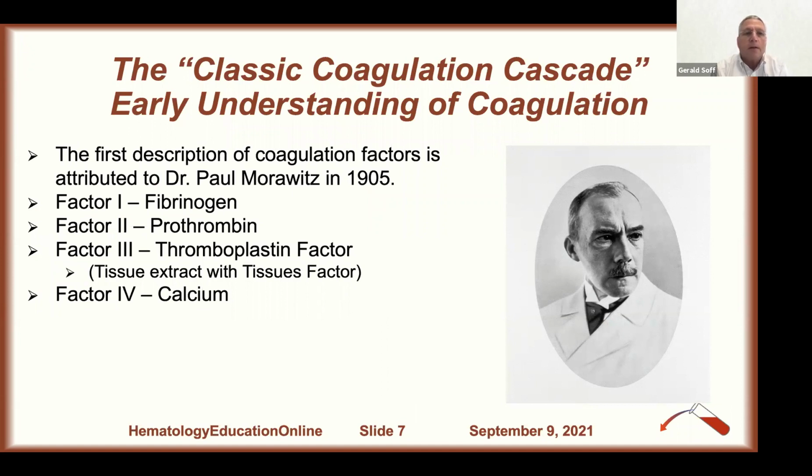Prothrombin, in his concept, was an enzyme in the blood that converted fibrinogen to a clot. Now we know about thrombin derived from prothrombin. Thromboplastin, factor 3, which we know is a mixture of tissue factor and phospholipid, and then calcium, which was factor 4. We don't really talk about factor 3 and factor 4. We talk about tissue factor and calcium, so when we talk about the clotting factors, there is no factor 3 and 4.